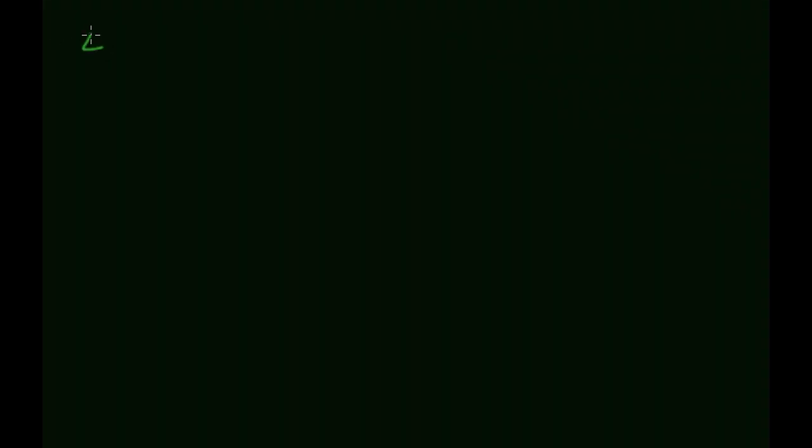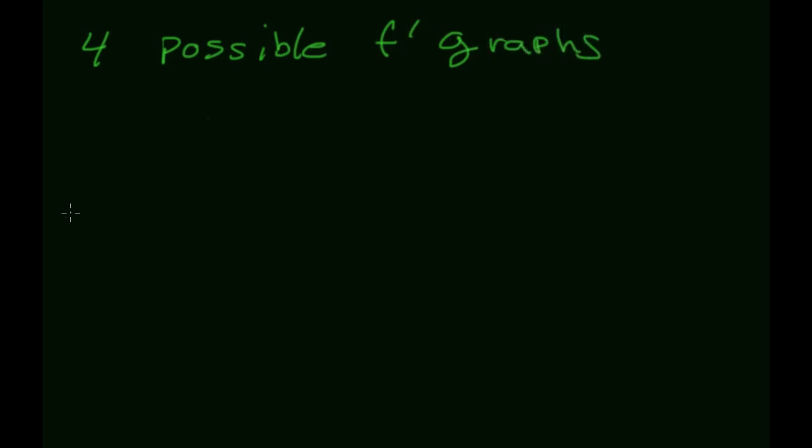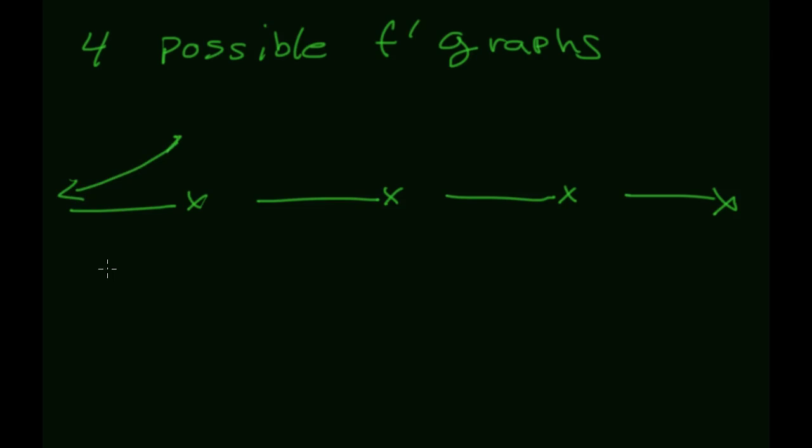Again, there are four possible f prime graphs. In each of these, we care about the relative position of the x-axis, so let's put those all in. We have one where we're increasing and positive.